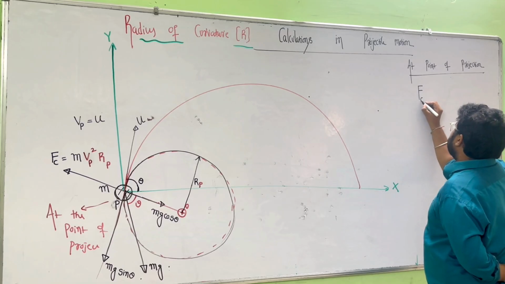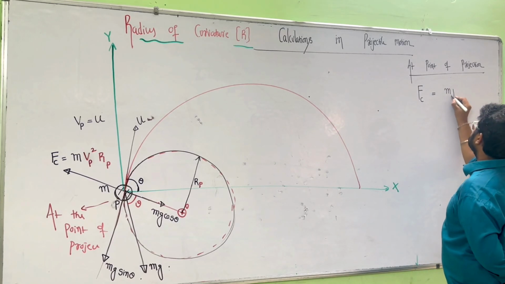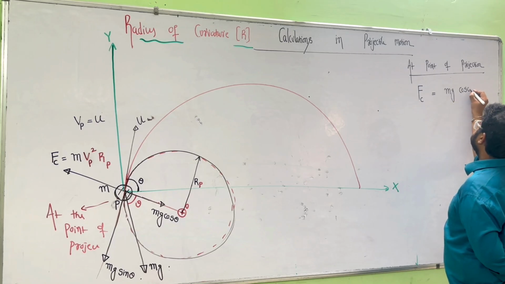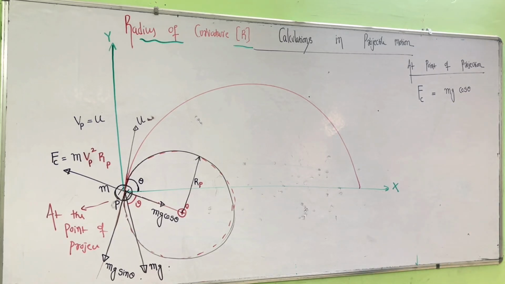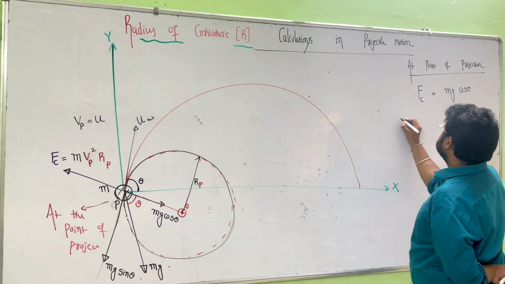Centrifugal force is balanced by Mg cos theta. This is how much?